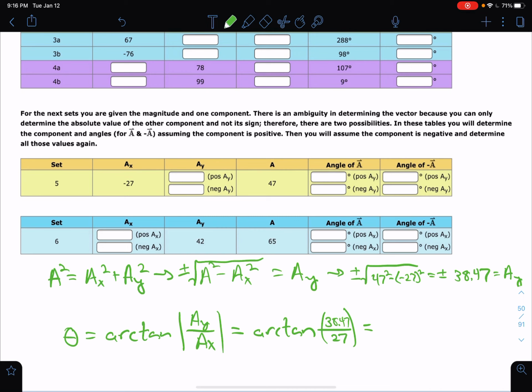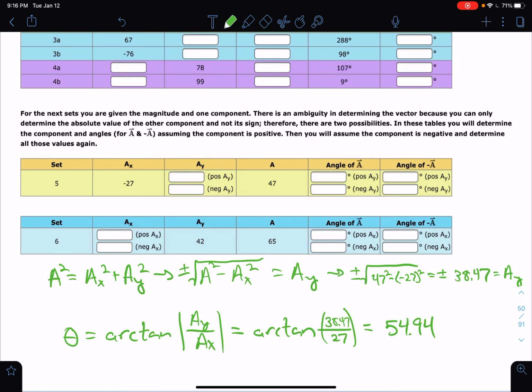I don't worry about the negative because I'm taking the absolute value. Okay. And when I do the arctangent of that, I get 54.94. So that's the angle. Now, the thing is, you have to go back to drawing the vectors.